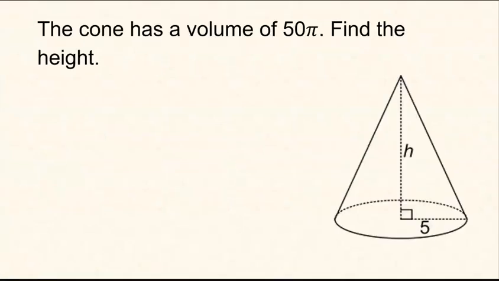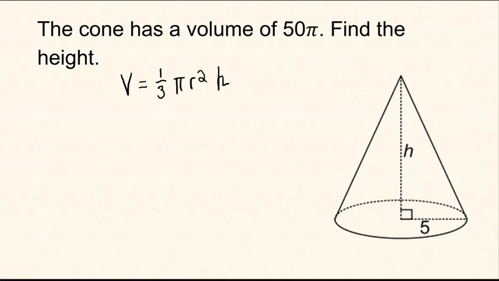In this first example, I need to find the height with the given volume. For whatever reason, we don't have any context here. I need to find the height of this cone. So I'm going to do that by invoking the formula for the volume of a cone. The formula for the volume of a cone is volume equals 1/3 pi r squared times height.